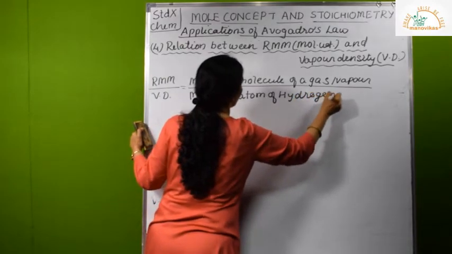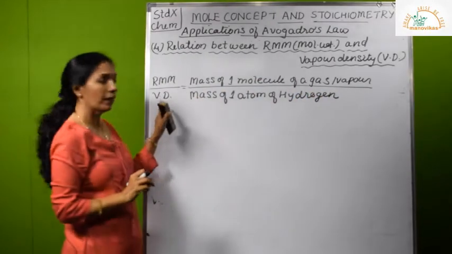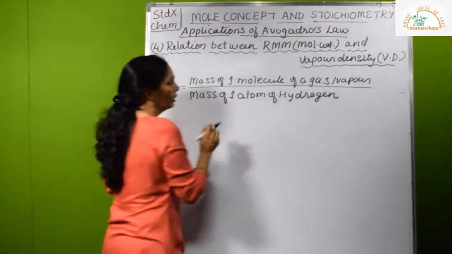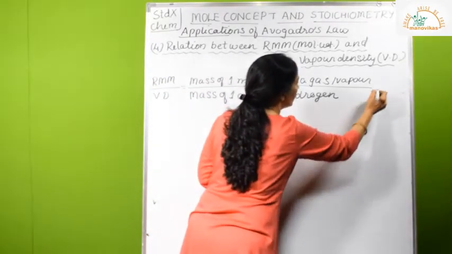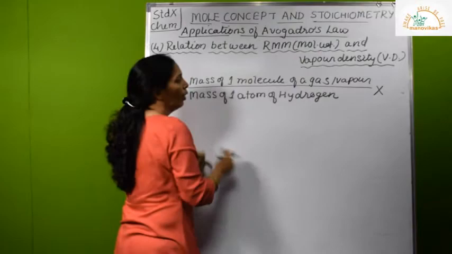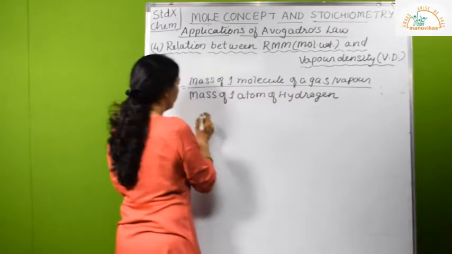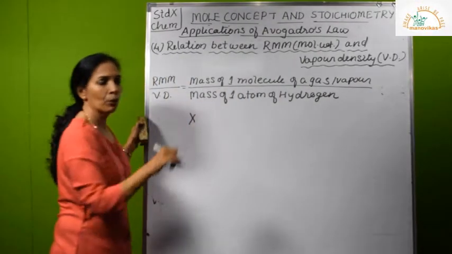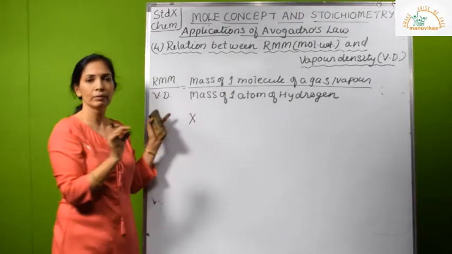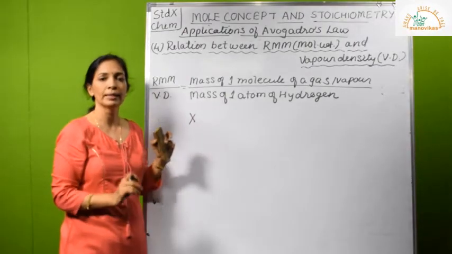This is the relative molecular mass. You have to divide it by this vapor density. So this will be multiplied by, or you can write this multiplication sign over here even. Then reciprocal. What is the formula, the statement we have written, or formula for vapor density?